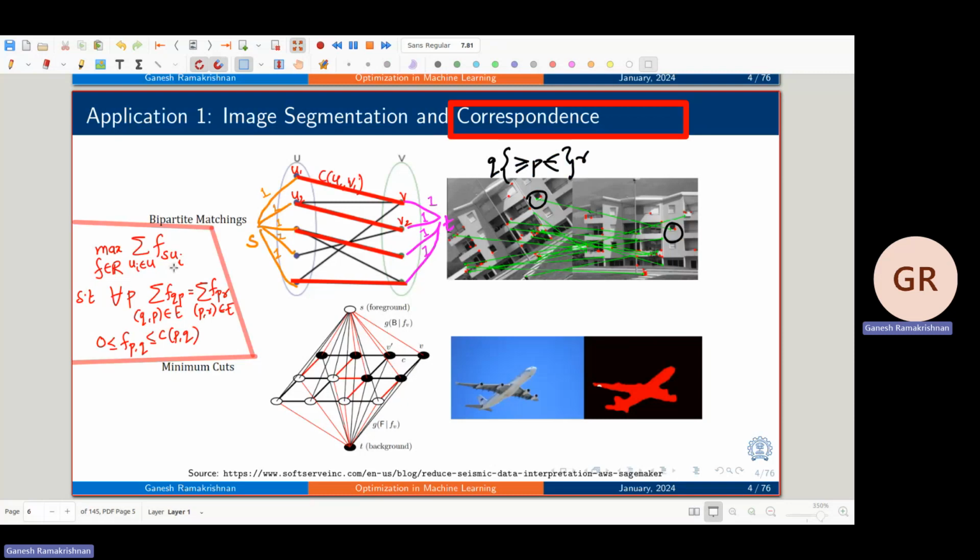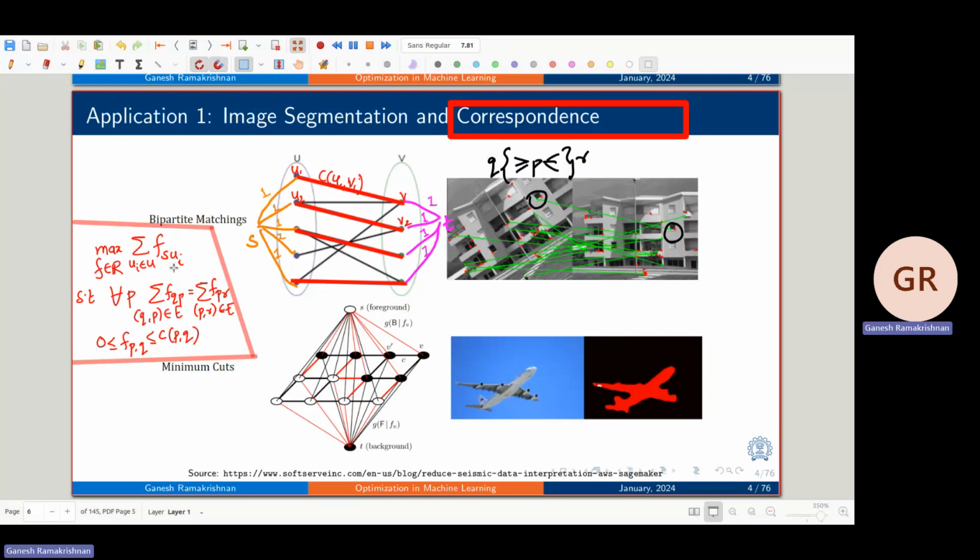Now, what do we want to do? We want to maximize the flow of information. The edges that would give you good capacity would be the edges that you would like to flood with information, flood with signals, flood with flow.